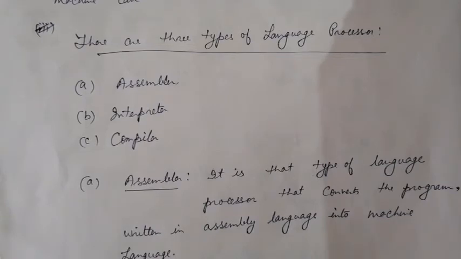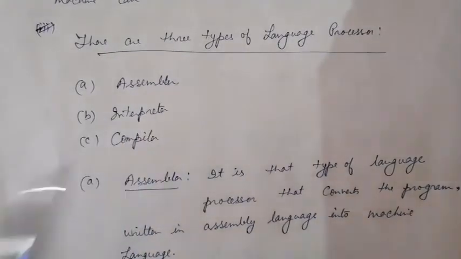And low level language is near to machine language. Now assembly language is a low level language because it is near to machine language, not exactly machine language, because its code is different from other high level languages. It uses instructions like add, sub, mult, and for jump, JMP.